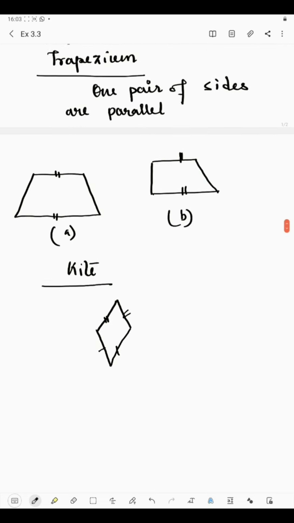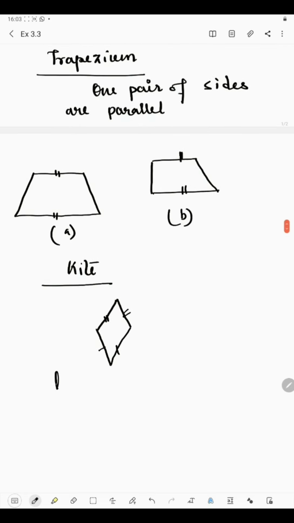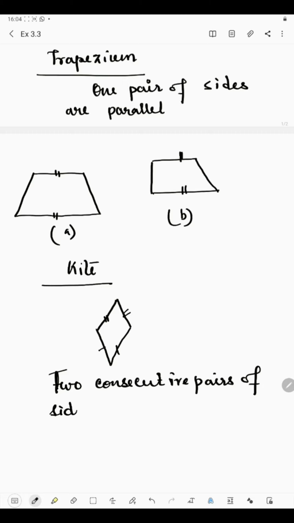The property of a kite is that 2 consecutive pairs of sides are of equal length.